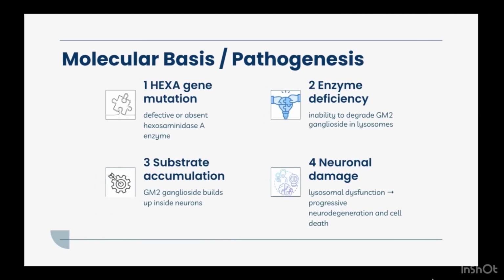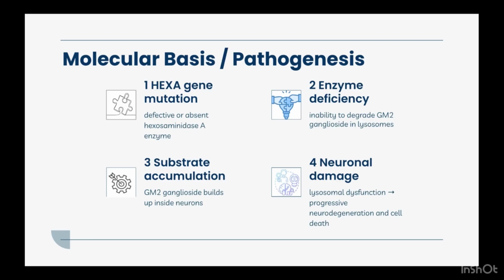The pathogenesis of Tay Sachs begins with the accumulation of GM2 inside the neurons. When these lipids build up, lysosomes swell and interfere with the normal internal structure of the cell. This disruption is especially harmful in neurons, which are highly sensitive and depend on intracellular processes.